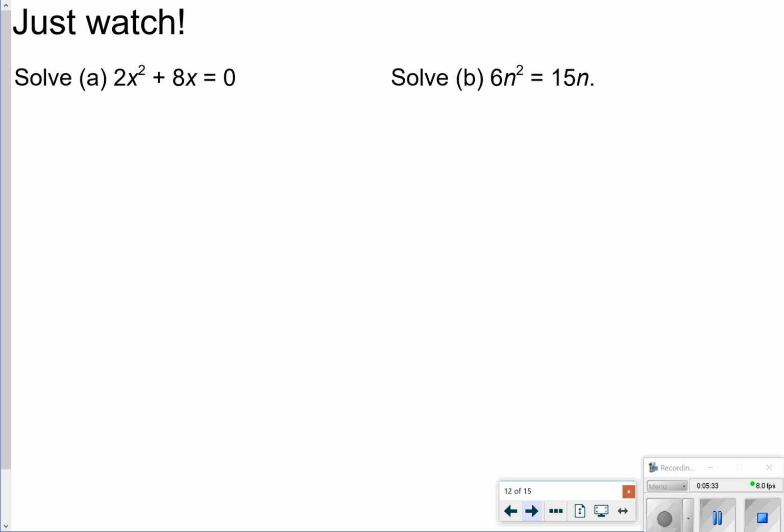The last types of questions you're going to see are just a little bit of extra work that you have to do. In letter A, to start this one, you need to factor it. So you're going to have to factor first, and then do the zero product property.